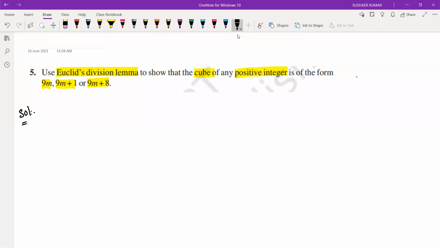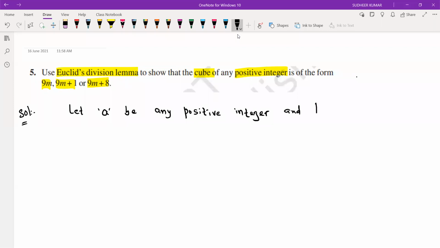Let a be any positive integer, and b is 3, as we discussed in the last class.